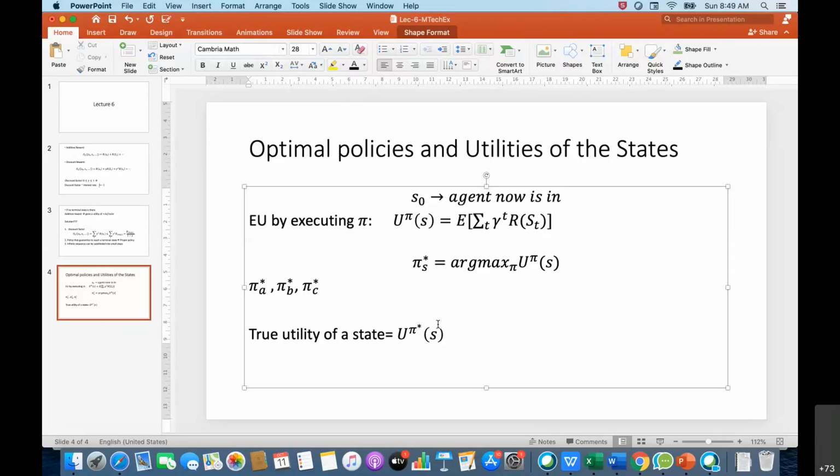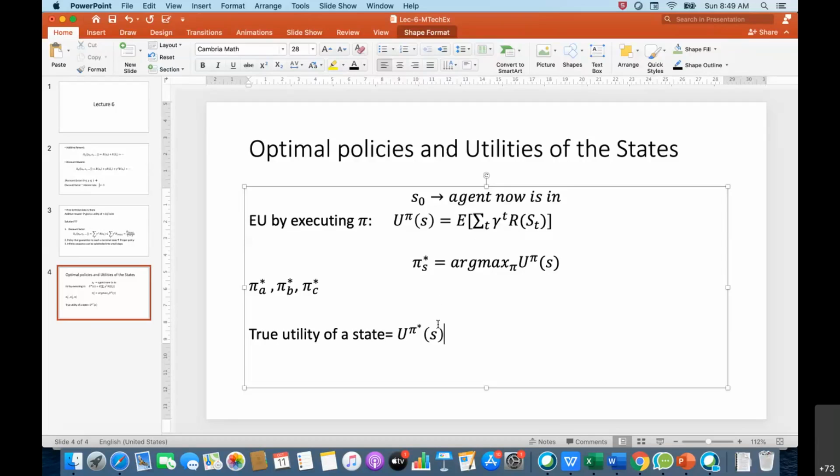Now, we have already discussed a number of times about R(s), the reward function. We are now discussing another thing, U(s), the utility function. What is the difference between these two?